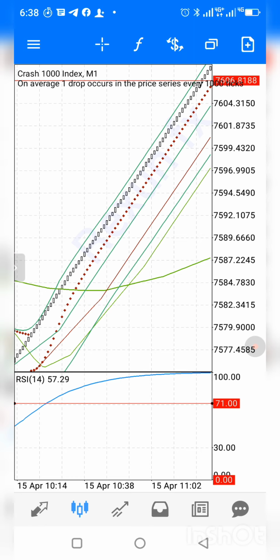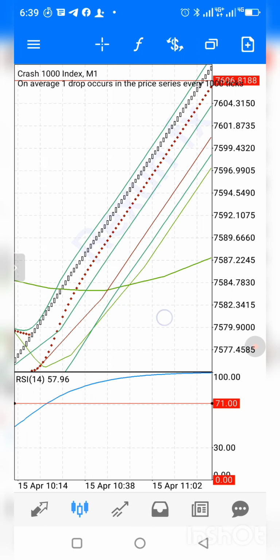So I still stick with the 0.20. Though the Crash 1000 does not have as much value as the Boom 1000, it's close. So 0.20 won't give you too much profit, but I'll tell you exactly how I went about my trades.